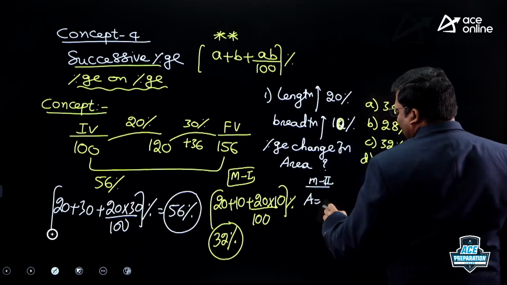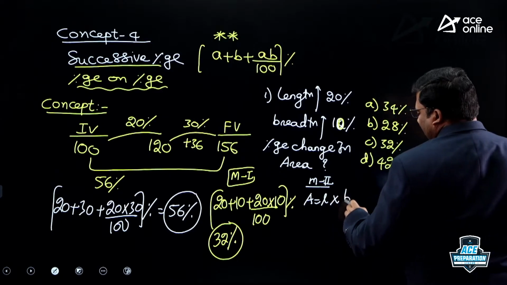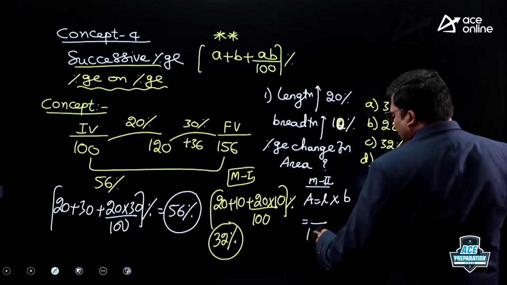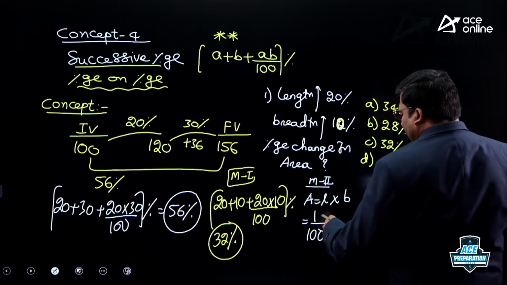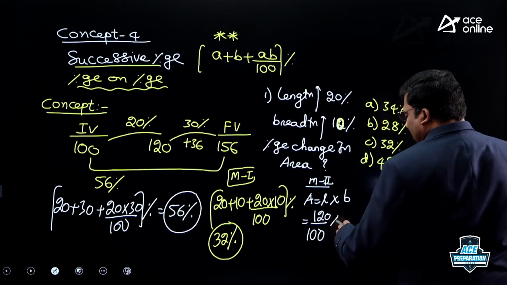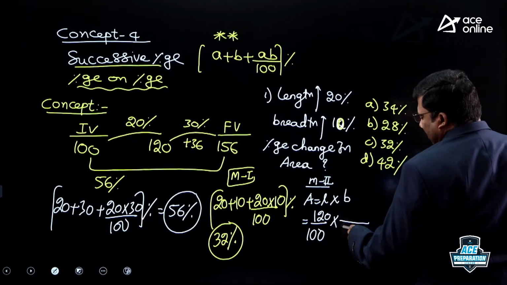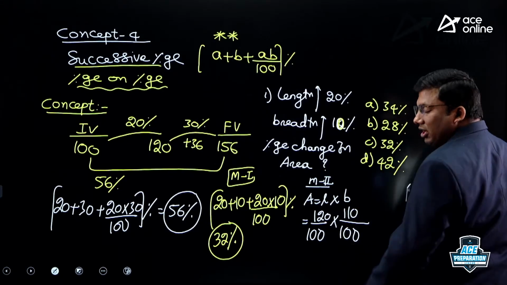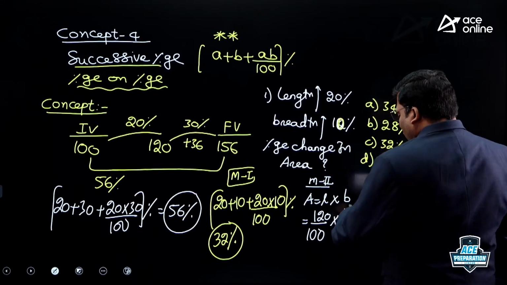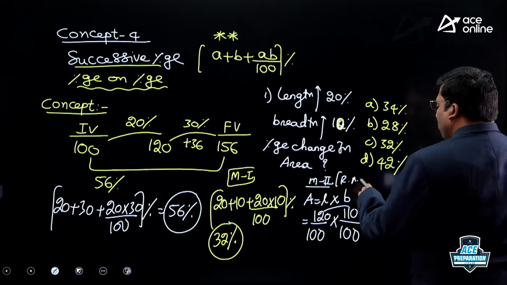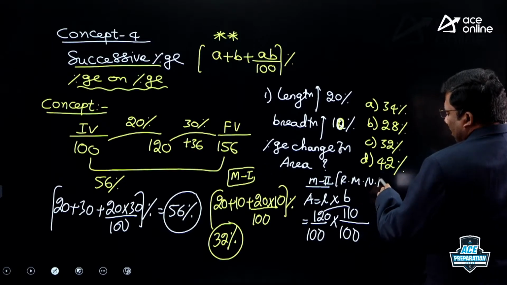Area is equivalent to length into breadth. Length is increased by 20, so on 100 it becomes 120. Breadth is increased by 10, so it becomes 110. Are you all with me? So 2 times 1 is 2. This concept is the rightmost non-zero digit.